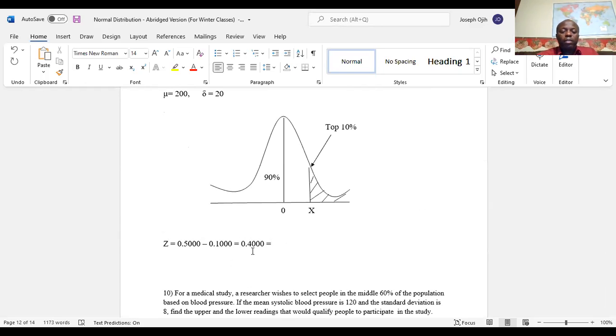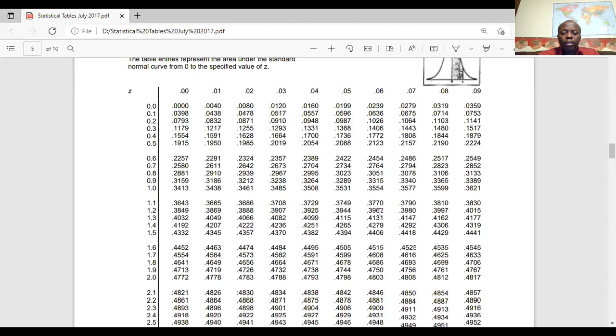Then you look for this 0.4 in the table of normal distribution. We didn't find exactly 0.4. We just have 0.4 something. But we get 0.3997.